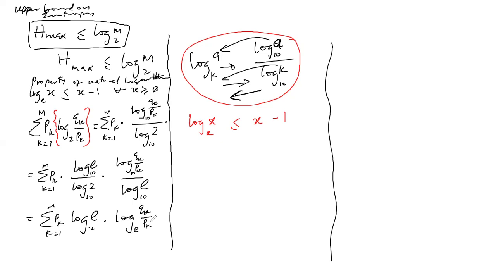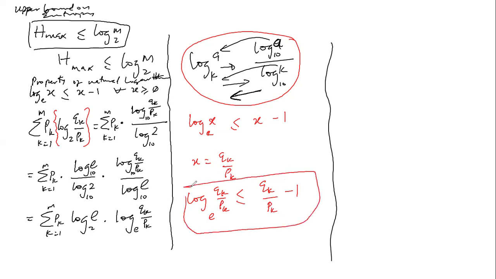So in this case, x is the same as qk over pk, right? So we can now replace log qk over pk base e to be less than or equal to qk over pk minus 1. So we can replace this entire process here with this, going by the law of natural logarithm, which is here.